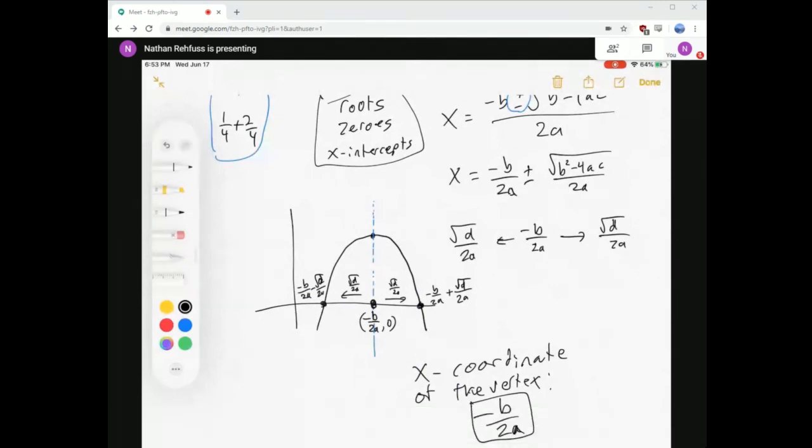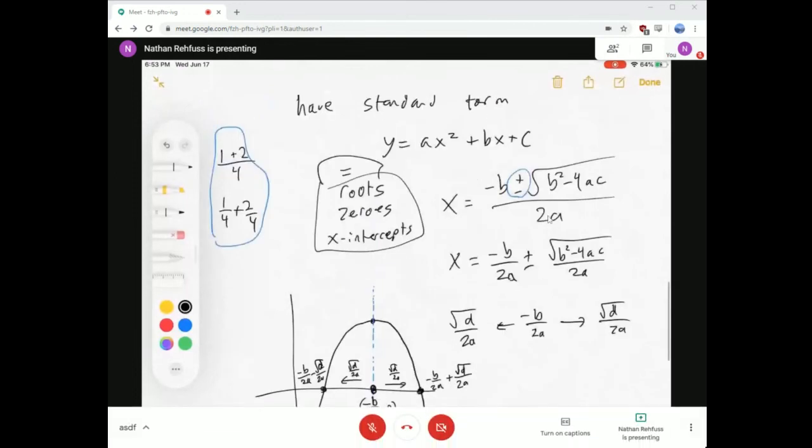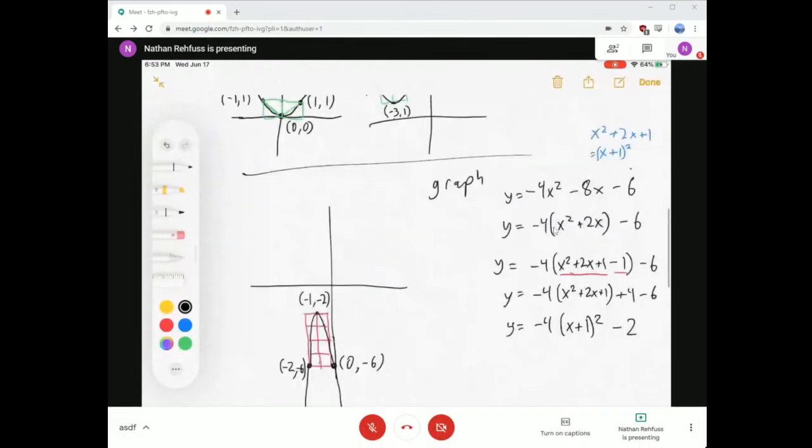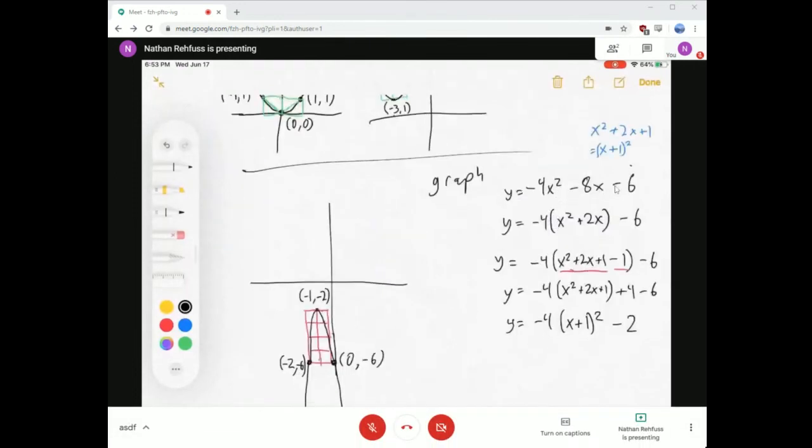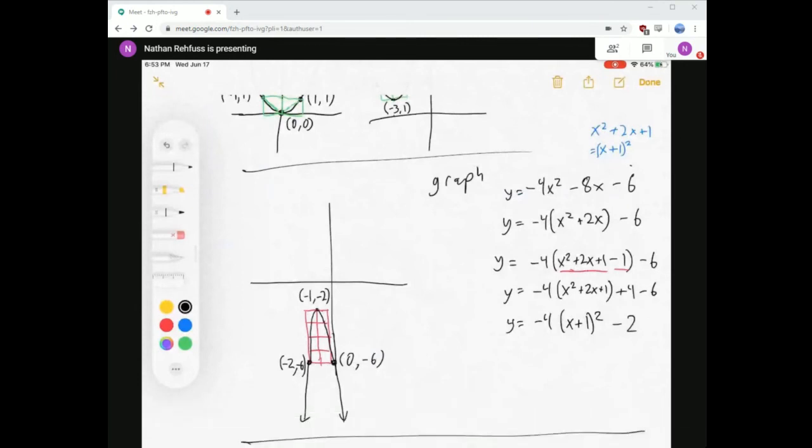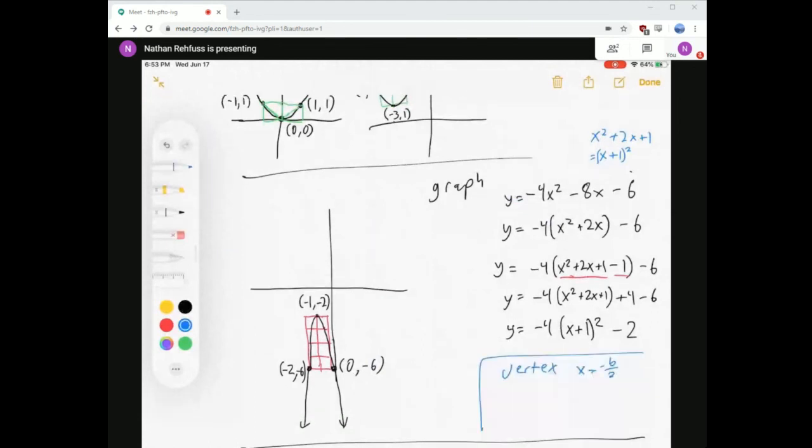Like, for example, in this problem back here, negative 4x squared minus 8x minus 6, the way I'd get the vertex is x equals negative b over 2a. So b is negative 8, and a is negative 4. So 2 times negative 4. Negative 8 over negative 8 is 1.